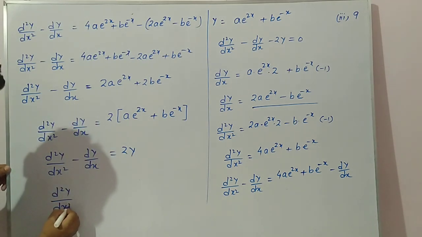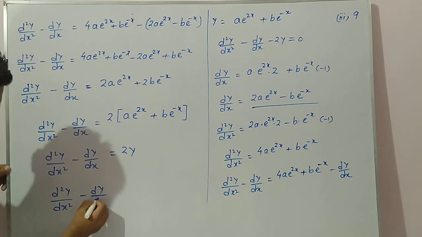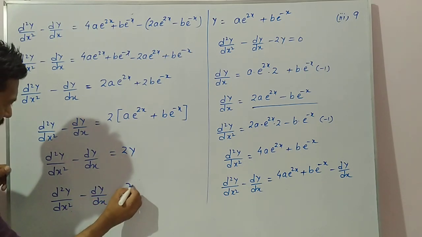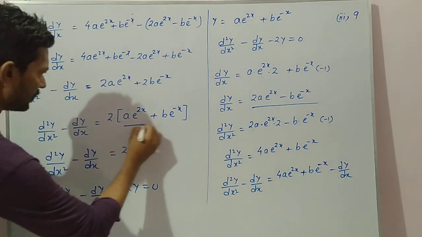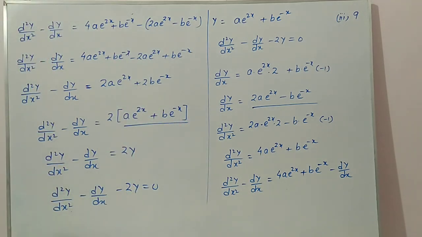Therefore d2y by dx square minus dy by dx minus 2y equal to 0, because this is the value of y. Alright, so this is our required sum.